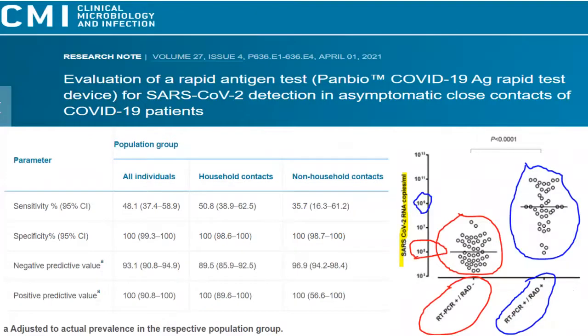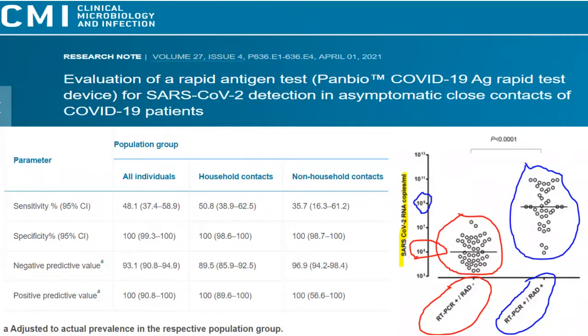This research study, published in April 2021, evaluated a rapid antigen Panbio COVID-19 test for SARS-CoV-2 detection in asymptomatic close contacts of COVID-19 patients. A total of 79 out of 634 asymptomatic individuals tested positive by RT-PCR, of whom 38 returned positive by the rapid antigen detection test.